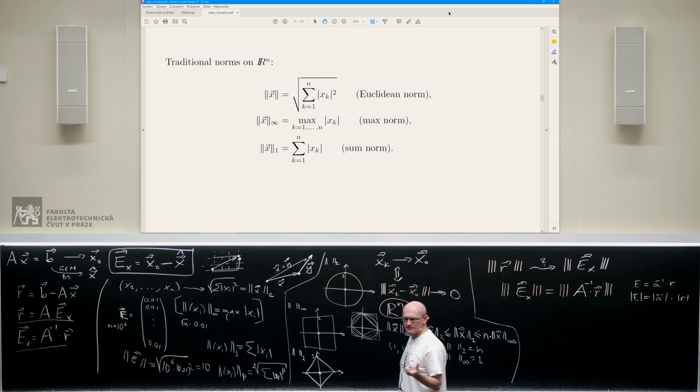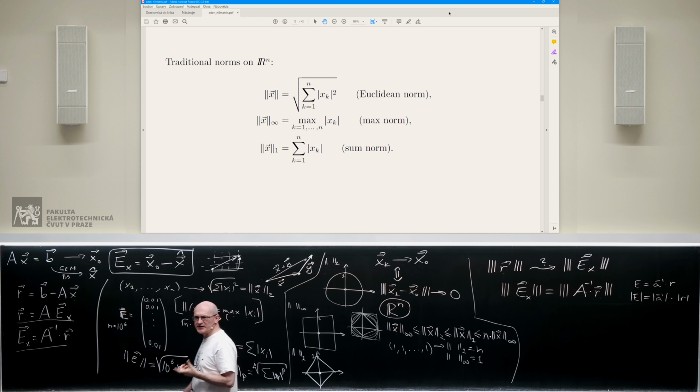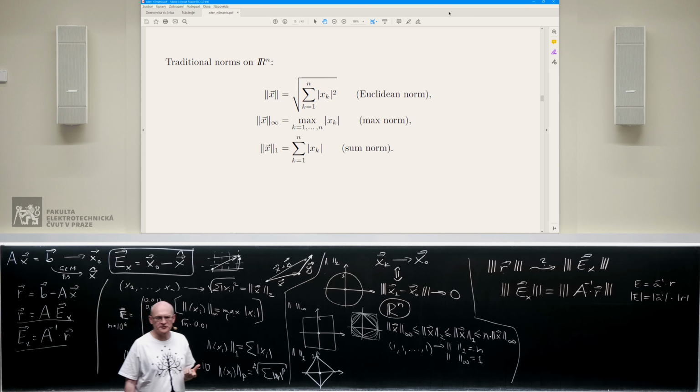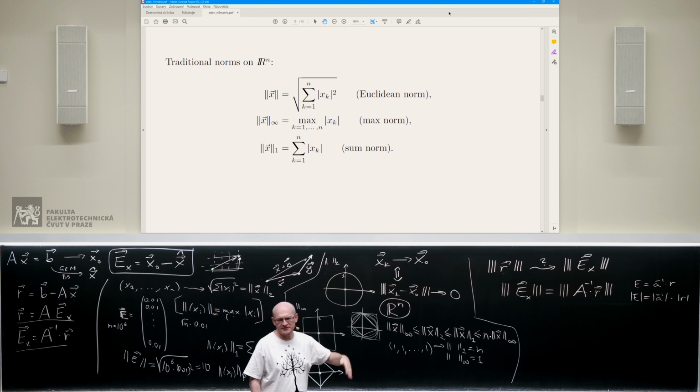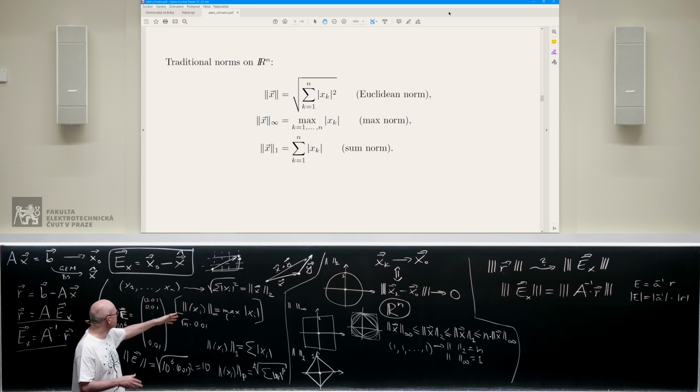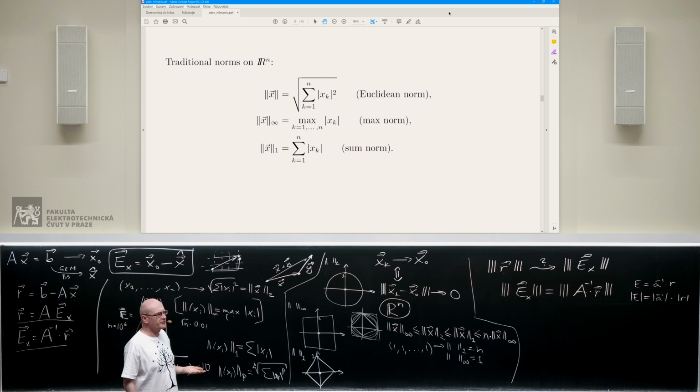And this is something new, because this is not typically done. Measuring matrices is an unknown topic, essentially, for people who went through high school and perhaps one or two years of university. Everybody knows the Euclidean norm, but when you say norm of a matrix, people usually say, oh, what is it? So let's have a look at it.